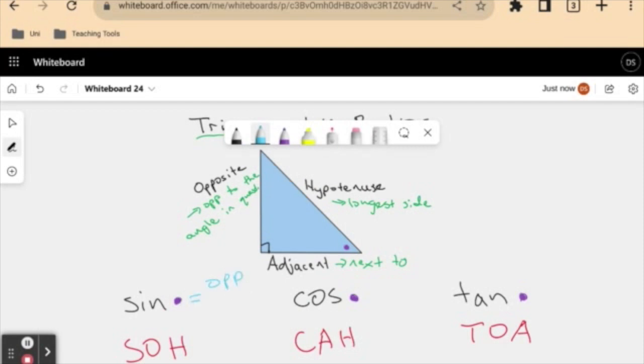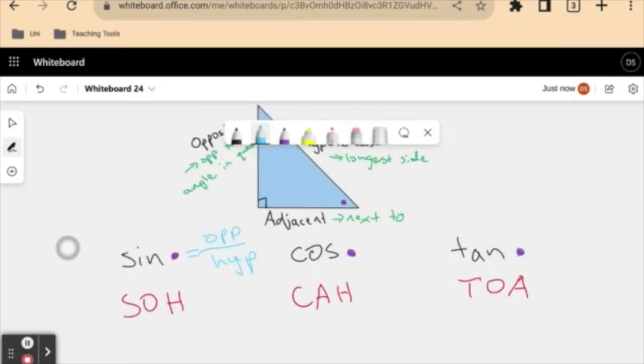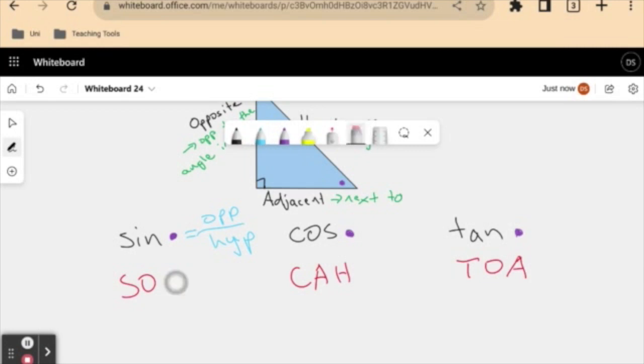Equals opposite over the hypotenuse. Some people write their SOH going like that, so that you can see it's opposite over hypotenuse. There's more of a ratio there, but you can feel free to write it that way. But I'm going to just have it set out like this, and I'll draw my fractions up here.